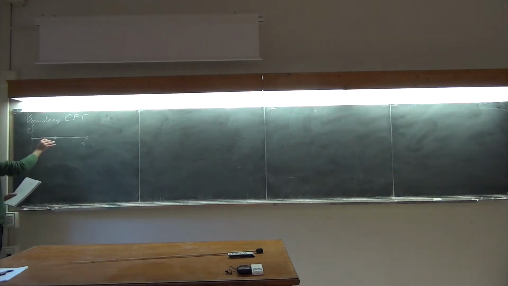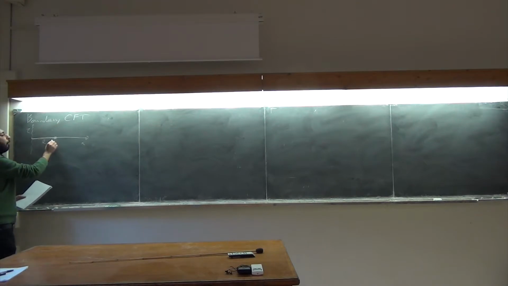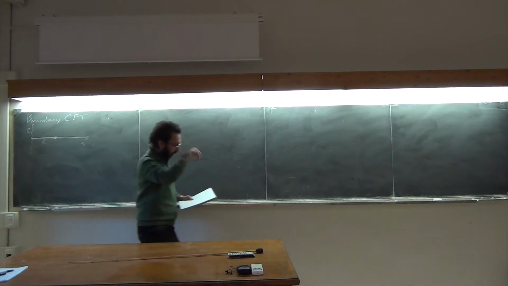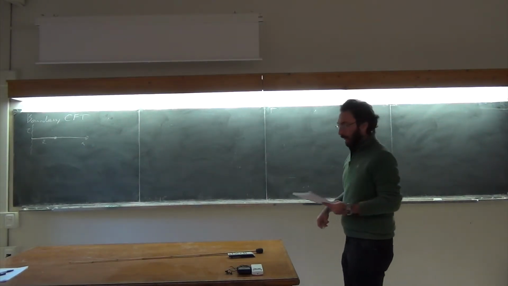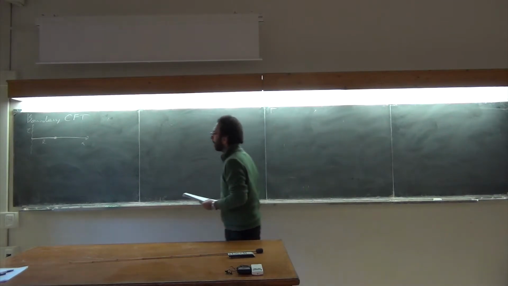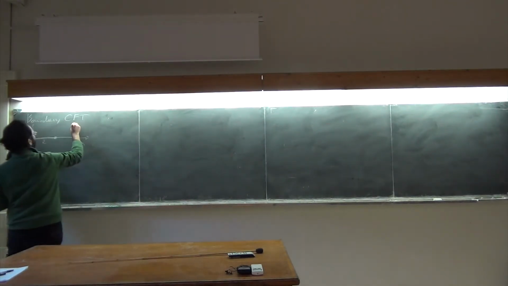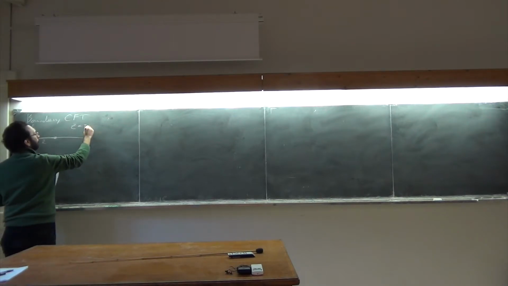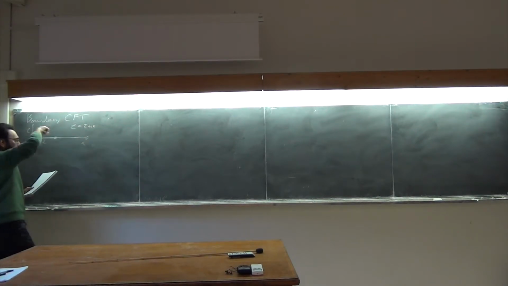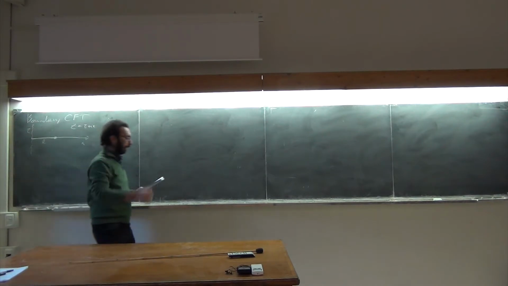What does it mean in the replicated structure? Again, that when going around this point, we have to go around n times to get back to the original sheet of the Riemann surface. Let's call this plane Z, with Z equal to tau plus i x, so actually it's the rotated plane.